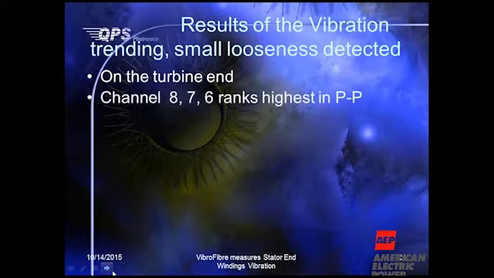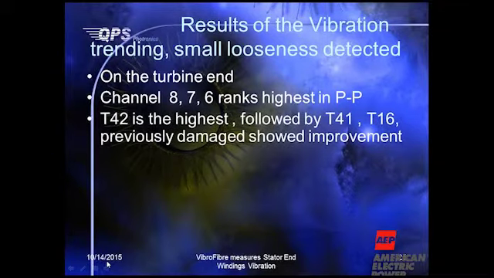So we now would like to discuss some of the monitoring results, the trending results. Since earlier inspection showed most of the trouble in the turbine end, we look at the signal and do a little correlation. The blocking improvement that we did on T16 managed to improve it a little bit.